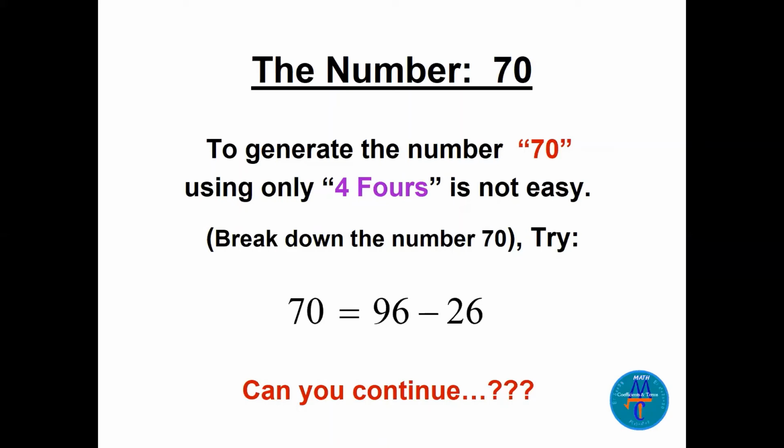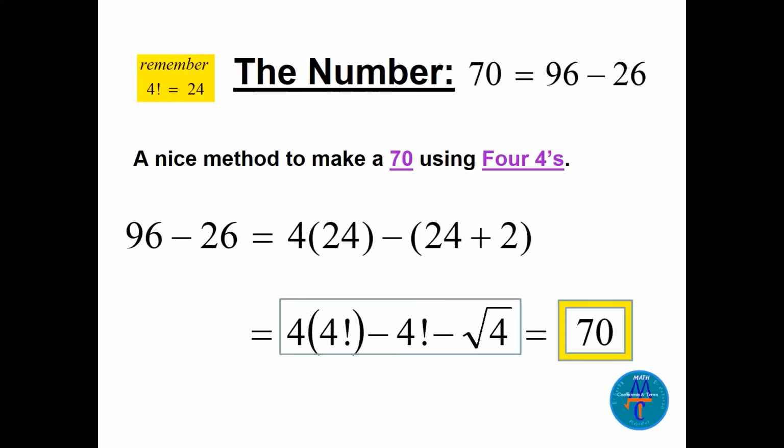You can try. See, to get these methods, you have to try on a piece of paper so many times, so many numbers, so many trials, until you get something close. I will tell you why I thought of the 96. See, the 96, I can start with the number 24.